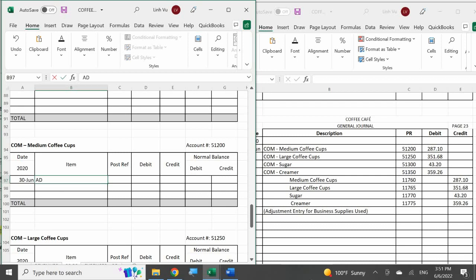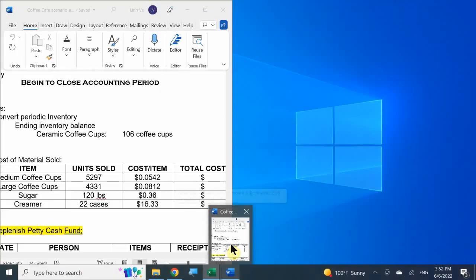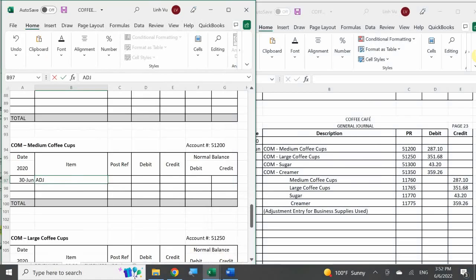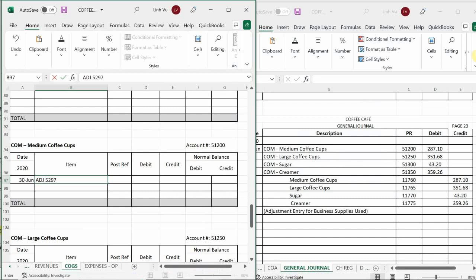Well, in this case, we're going to do adjustment, and we used up, let's see, how many did we use? We used 5,297 cups. And that's going to be, we're on the 23rd. We started on the new worksheet here, and that costs us a total of $287.10.